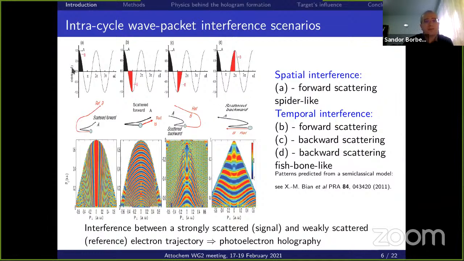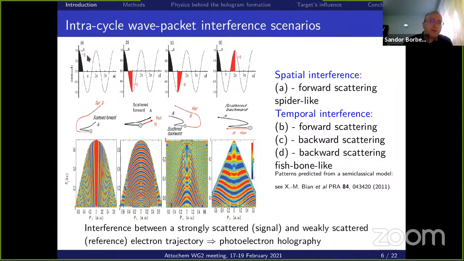In the context of an external laser field, you can define several interference scenarios depending on the relative birth time of the two interfering wave packets.